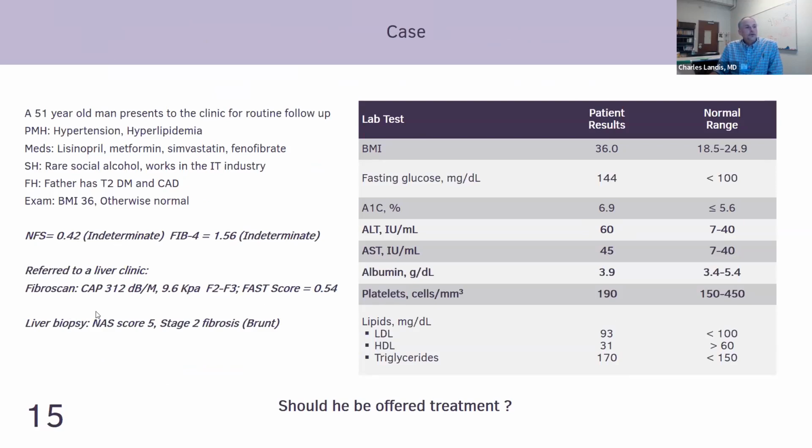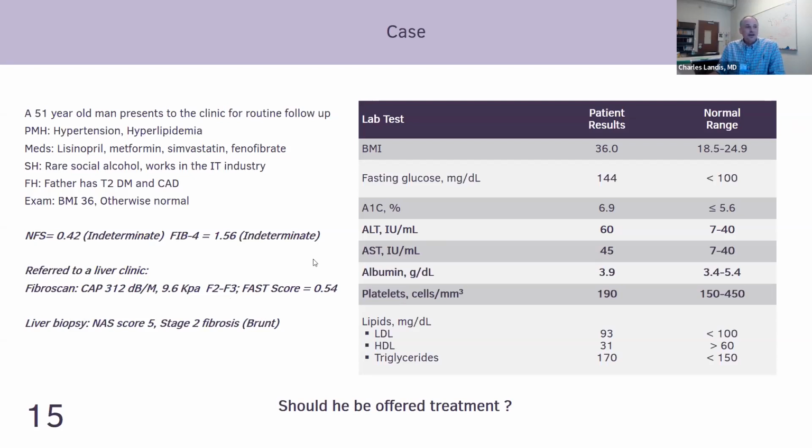So he was referred to the liver clinic, where he went on to get a FibroScan, which showed a liver stiffness of 9.6 kilopascals. And that, when correlating to liver biopsy studies, correlates to somewhere between an F2 and an F3 fibrosis. So remember, F4 is cirrhosis, F0 is no fibrosis. I won't go into the FAST score, but it's again in this indeterminate range.